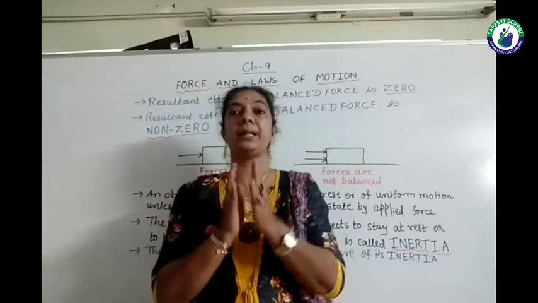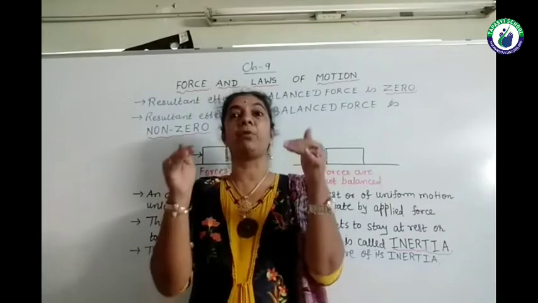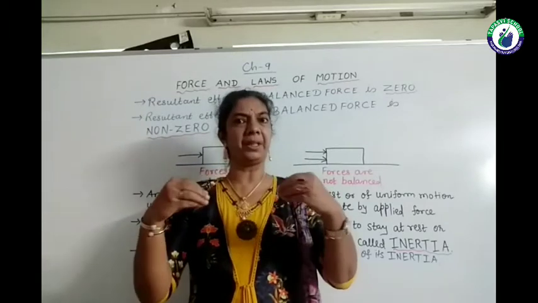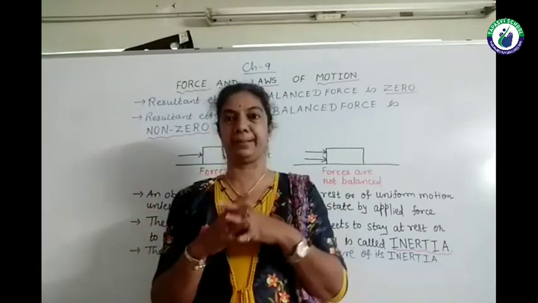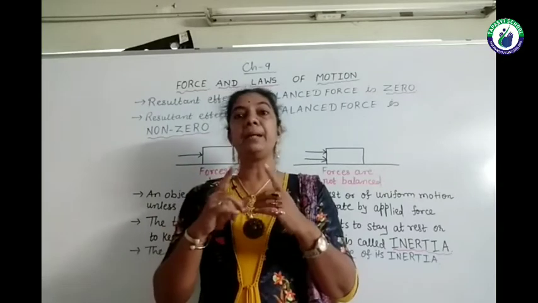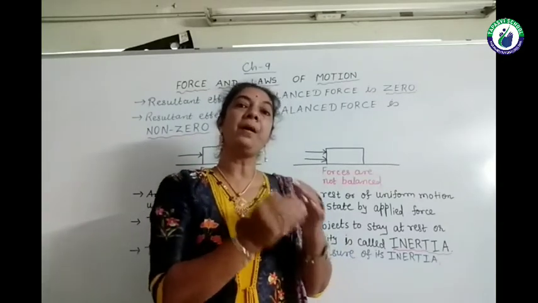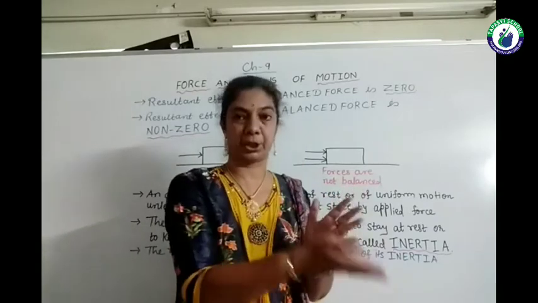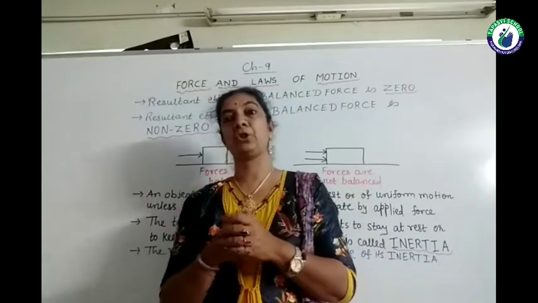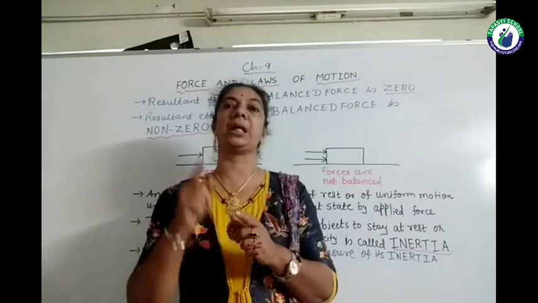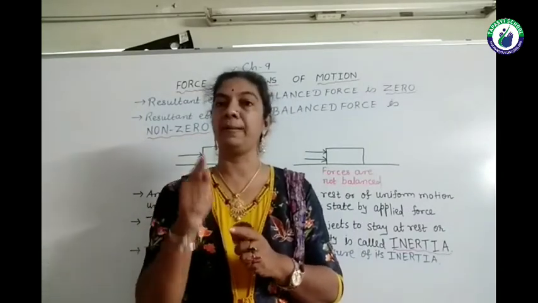Till now scientists did not know what that was. But it has been told that if something is unbalancing, then the object will move in that unbalanced force direction. So the resultant effect of unbalanced forces is always non-zero.